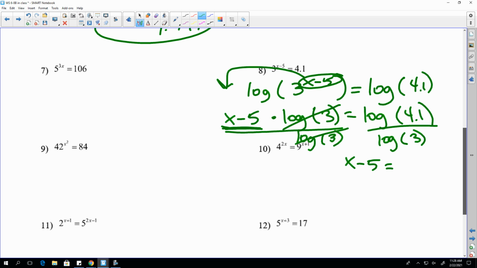Let's see if we can check on Alex. Maybe you can type in what log of 4.1 divided by log of 3 is, which is not quite the final answer, but we're close.